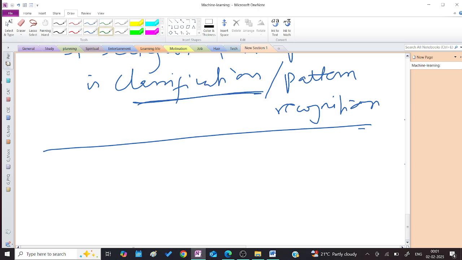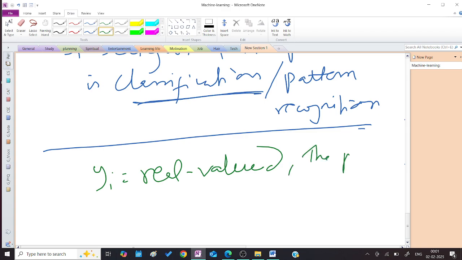But if y_i is real valued, the problem is regression.